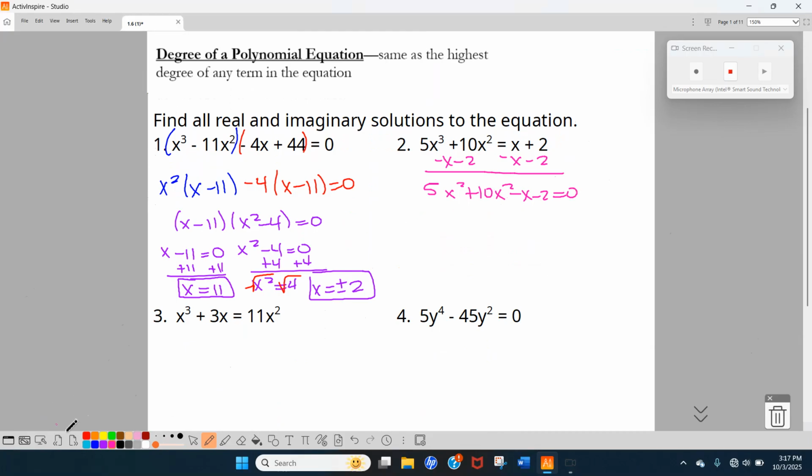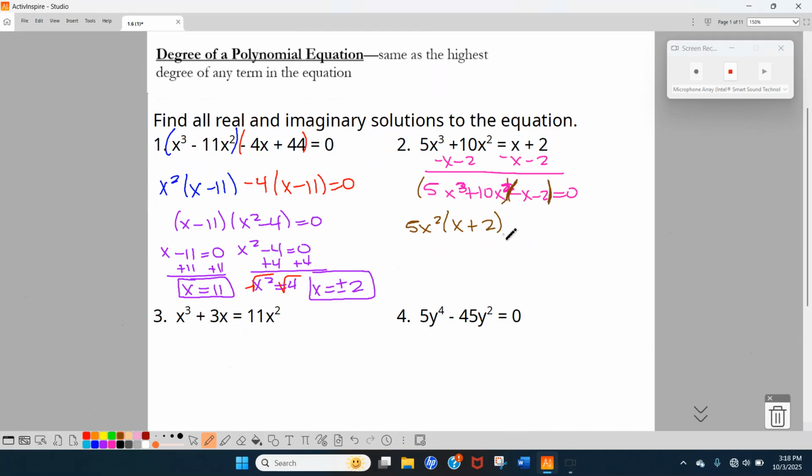All right, so group the front 2. What do they have in common? First of all, I need to make sure that I write clearly because this is 5x to the third and this is 10x squared. All right, so we can take out 5x squared and have x plus 2. If you look at those back 2, all they have in common is that they're negative.